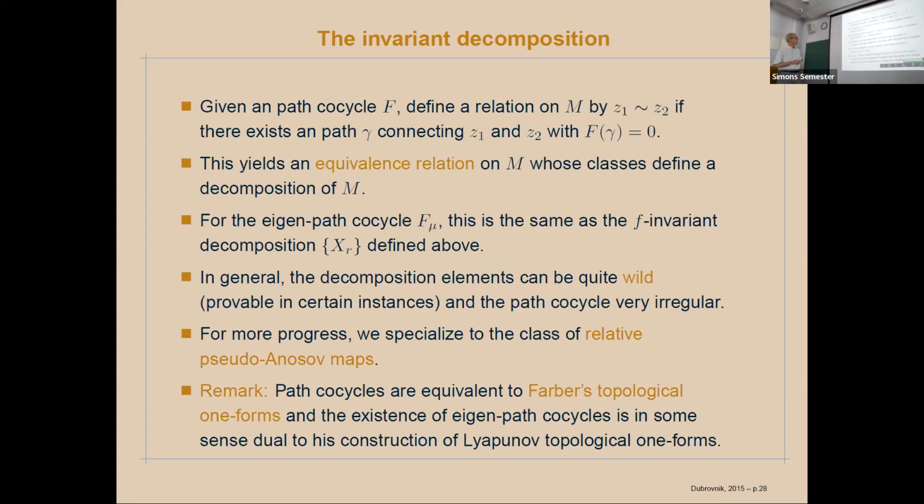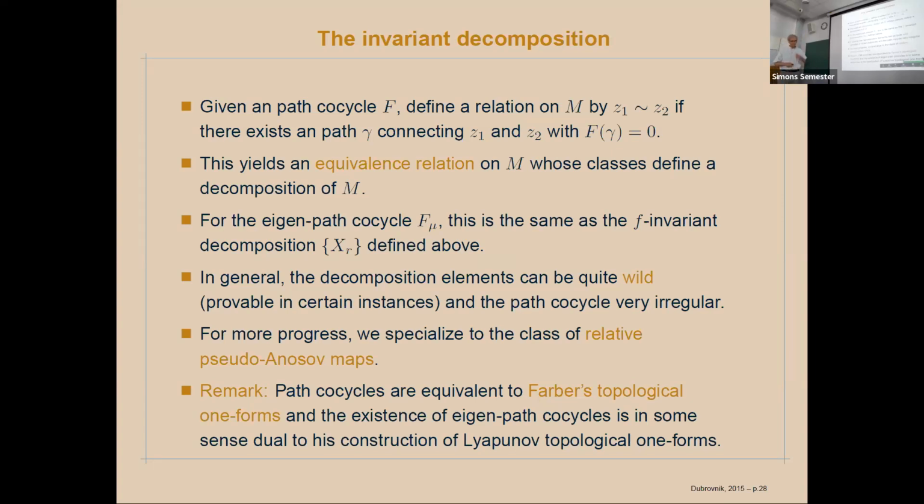All right, so if you have an eigenpath cocycle, which comes from, again, the action on H1, and it's our invariant decomposition. I've made this comment already. They can be pretty wild, but let's apply this thing to a particular fairly rigid class. So this is all the abstract topology, and you can get some things out of it.